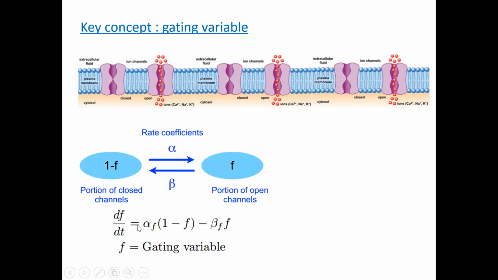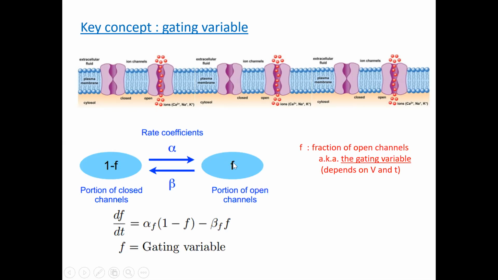So we call a gating variable F the portion of channels of a particular type which are open. If F were equal to a half, for sodium, half of the sodium channels would be open and the other half would be closed.